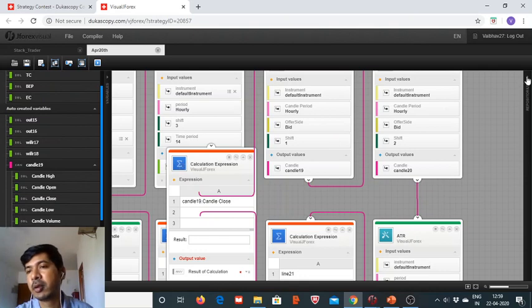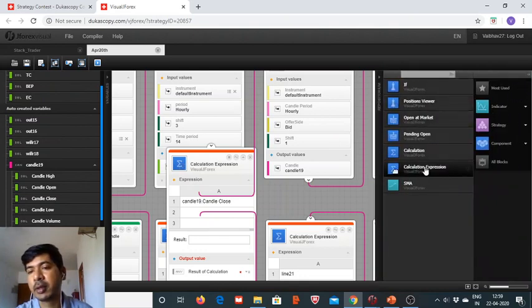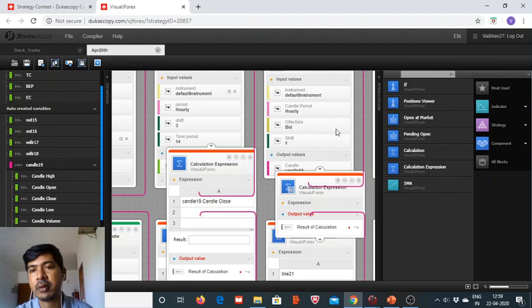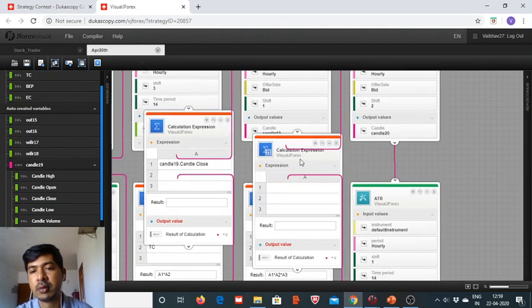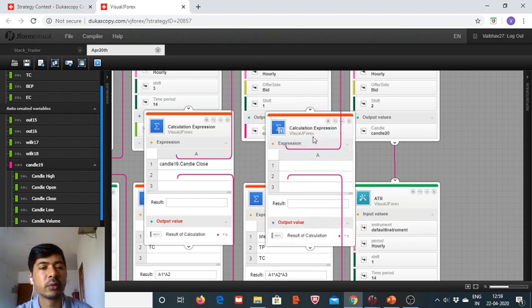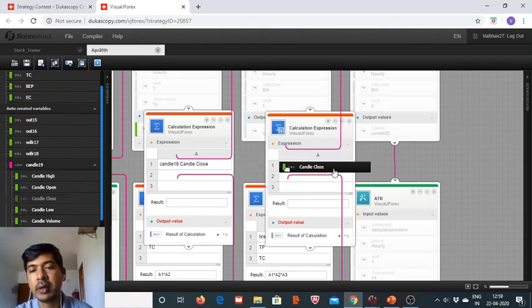and let us define for the sell side as well. So candle 19's closing level, it is the last candle on the hourly chart.